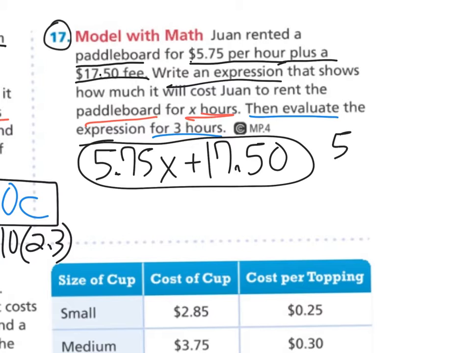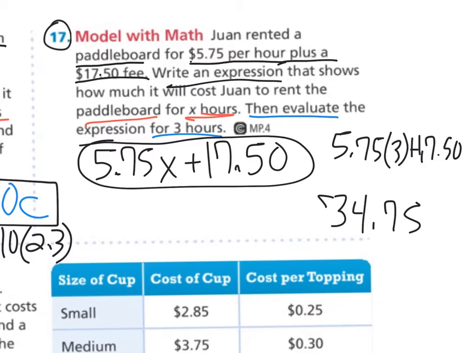So for 3 hours, that's just substituting a 3 in place of the X and then working that out. And again, confident in your abilities, when you work that out, your final answer is going to be $34.75.